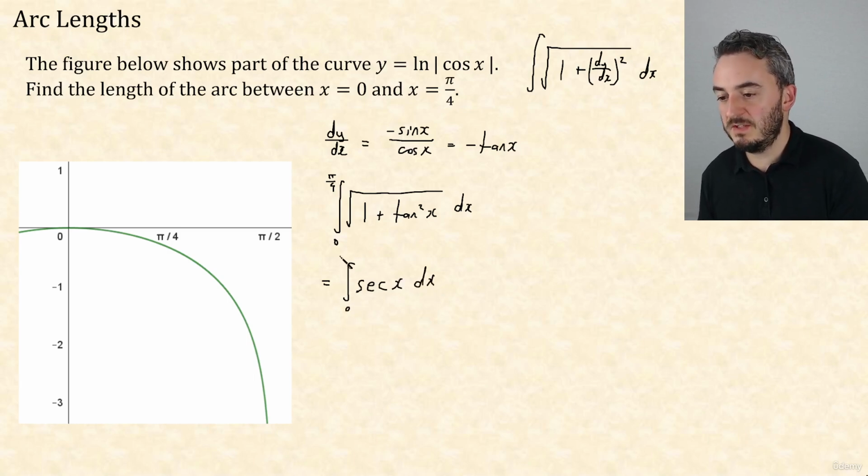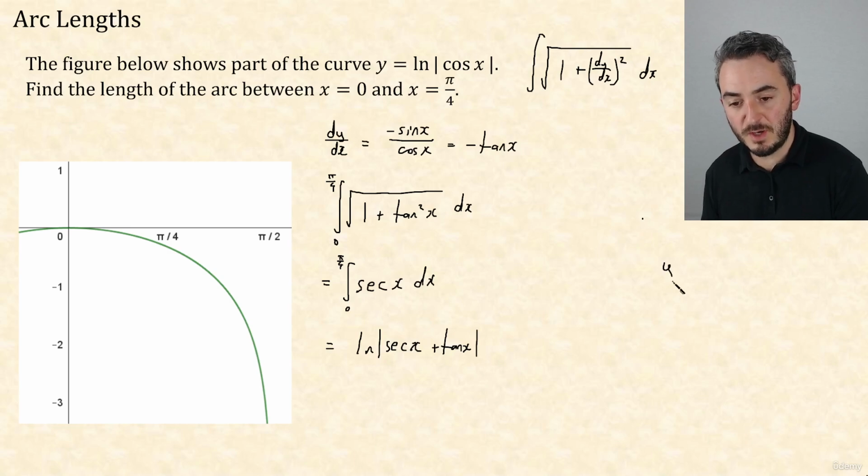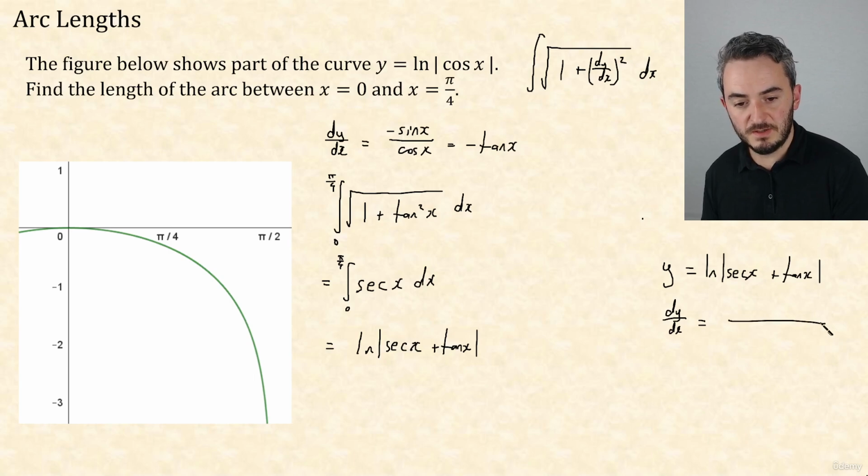Now, do you know the integral of sec x? If you don't, it's a good time to learn it. It's ln of sec x plus tan x. That's just a good one to know. Just a little explanation for why that's true if you don't know. Suppose we had y equals ln of sec x plus tan x. If you differentiated that, it's ln, so it's the stuff down here, and its derivative above.